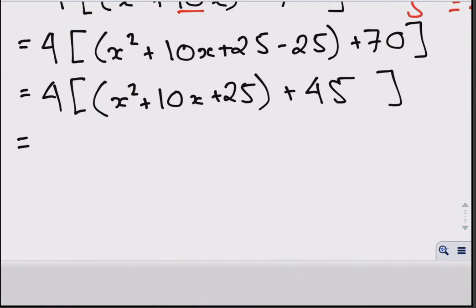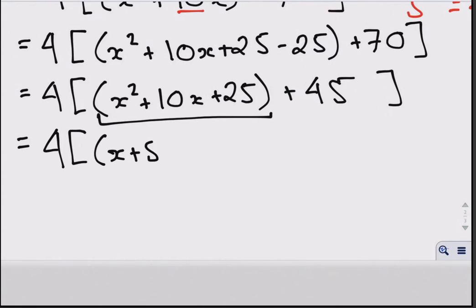Lo and behold, what you're left with here is a perfect square trinomial. You can just rewrite it as x plus 5 squared, then the plus 45 here, close bracket. And one final step, because that 4 was factored out, I have to bring it back in.